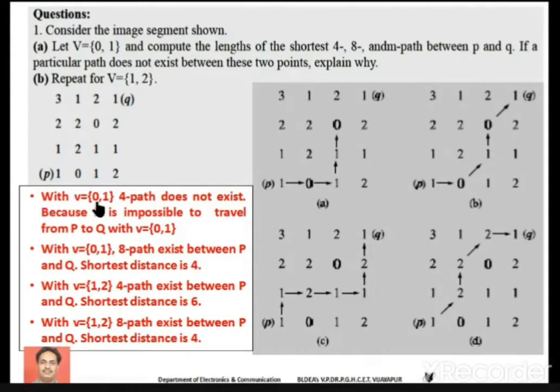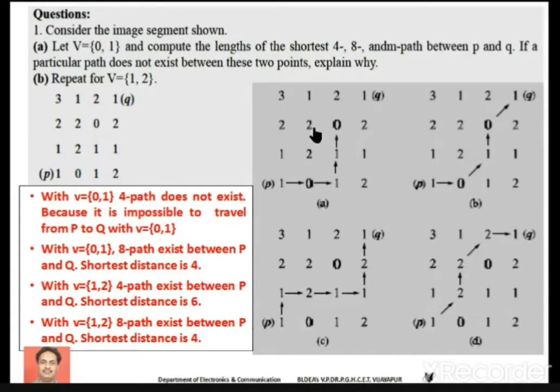With V equal to 0, comma 1, 4 path does not exist. We can't have 4 path between P and Q with V equal to 0, comma 1. The reason is because it is impossible to travel from point P to Q with V equal to 0, comma 1. I hope you are understanding this problem, right?